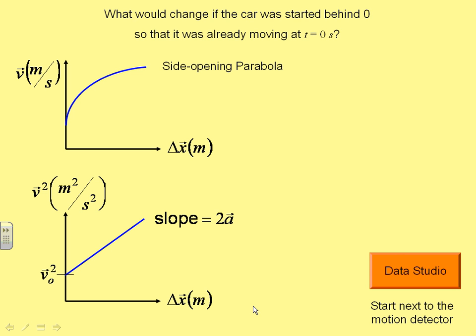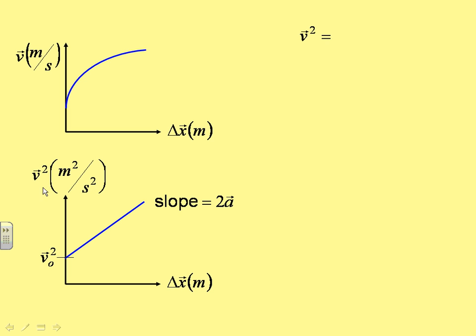Now we can make a y equals mx plus b math model out of this graph. The y variable is v squared, the final velocity squared. That equals the slope, but as we showed in class, the slope here is 2 times the acceleration, times the x variable, which is the displacement, or final minus initial position, plus the y-intercept, which is the initial velocity squared.